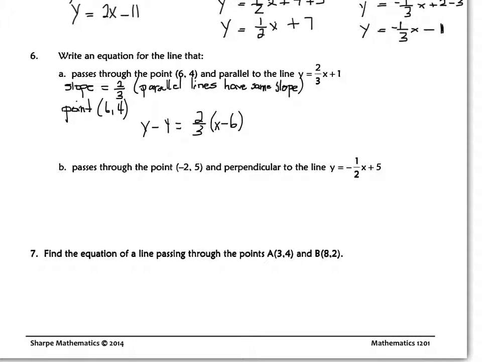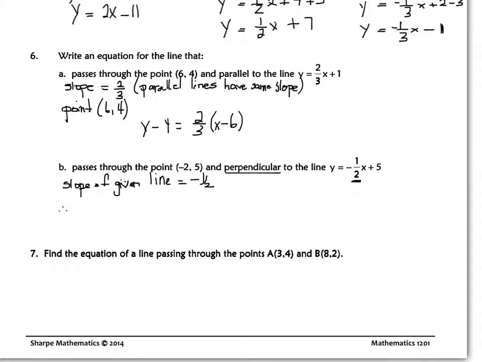The second equation says that the point is negative 2, 5 and it's perpendicular. So perpendicular would mean that the slope of the given line, this is in slope-intercept form, so this would be your slope, negative a half.